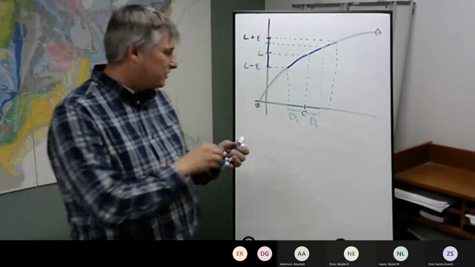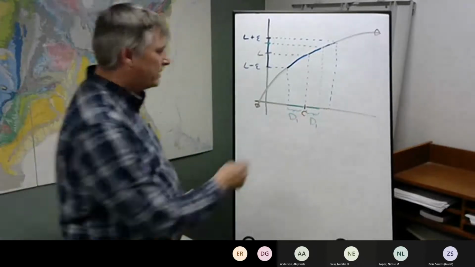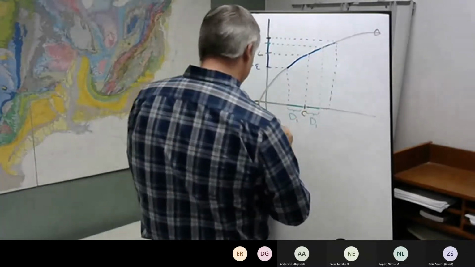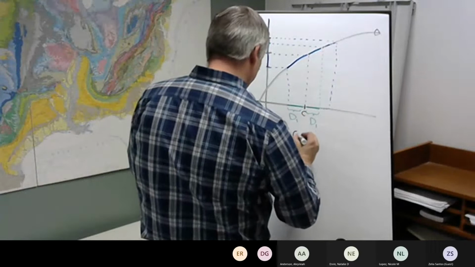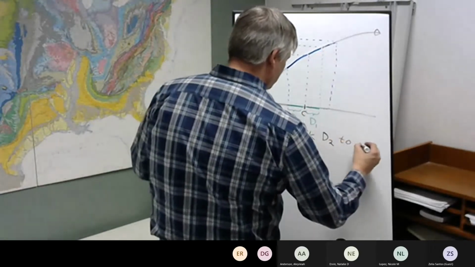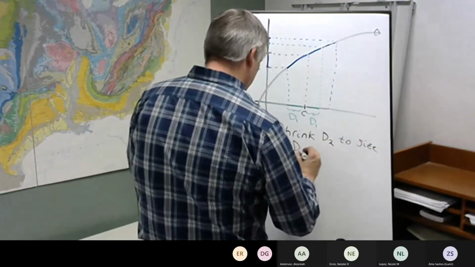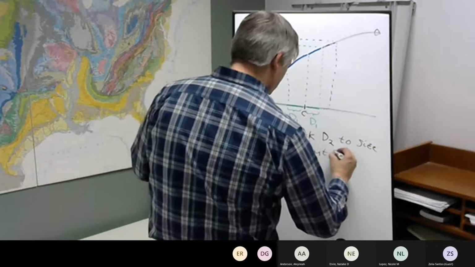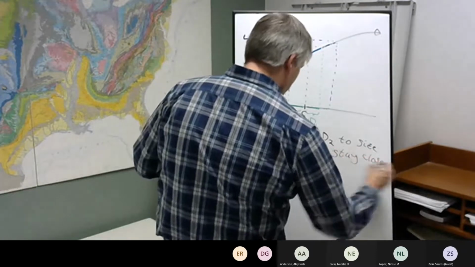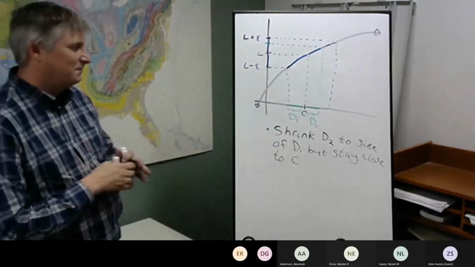So this is what we're going to do. We're going to shrink this D2 to something the size of D1, but we're still staying close to C. So we're doing this.